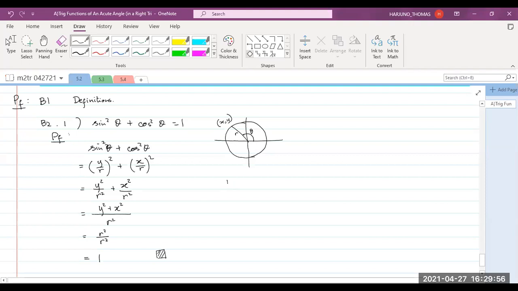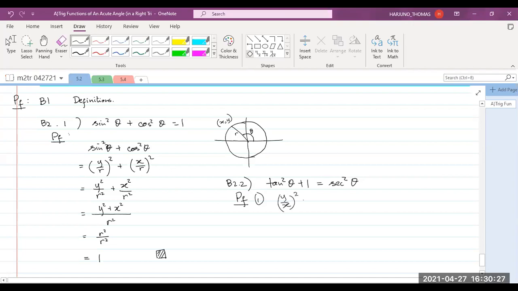Now, how about B22? That is tangent squared theta plus 1 equals to secant squared theta. Now, you can prove that the same way we did earlier. You replace that tangent squared theta by y over x being squared and so on. So the first way is you write this, oh, this is y over x. That's for tangent, right?